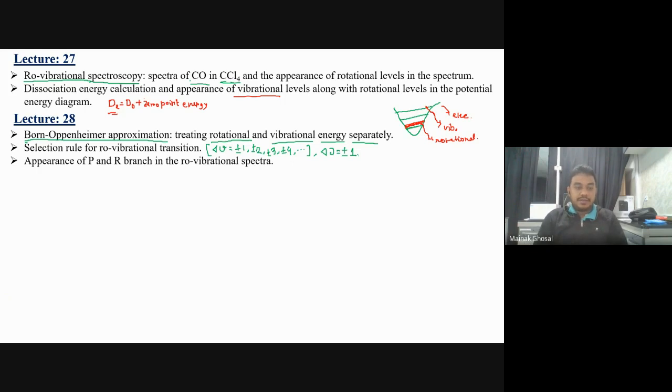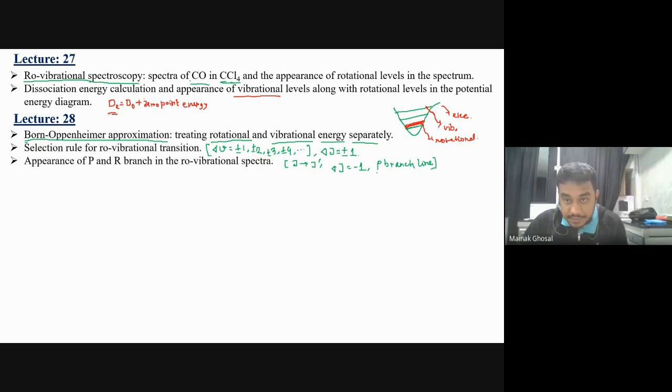Okay, and there was a discussion on the appearance of the P branch and R branch in vibrational spectra, and it was shown that considering these two conditions are satisfied, if there is a transition from J to J prime level, and if delta J equals minus 1, you will get a P branch line whose energy is much lower than the fundamental transition.